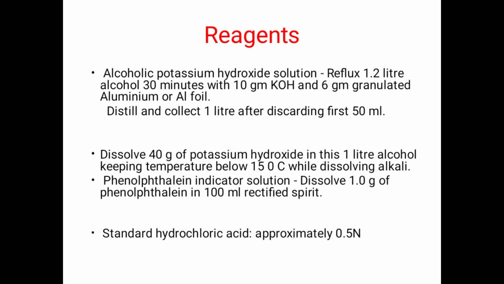First we require the alcoholic potassium hydroxide solution. So how is this alcoholic potassium hydroxide solution prepared? You have to first reflux 1.2 liter of alcohol for 30 minutes with 10 gram KOH and 6 gram granulated aluminum or aluminum foil.